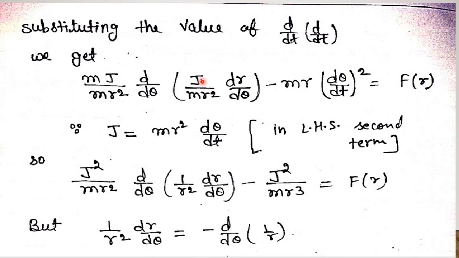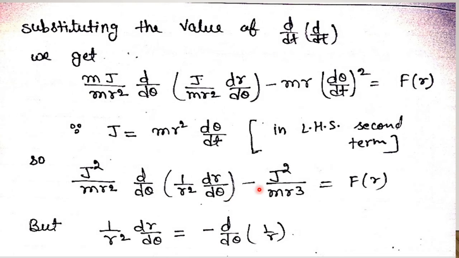So in brackets 1 upon r² dr/dθ minus, by putting j equals mr² dθ/dt, we get this term in the form of j² upon mr³ equals fr. But we know that 1 upon r² dr/dθ we can write as minus d/dθ of 1 upon r. When we differentiate 1 upon r with respect to θ, we get minus and minus plus 1 upon r² dr/dθ.